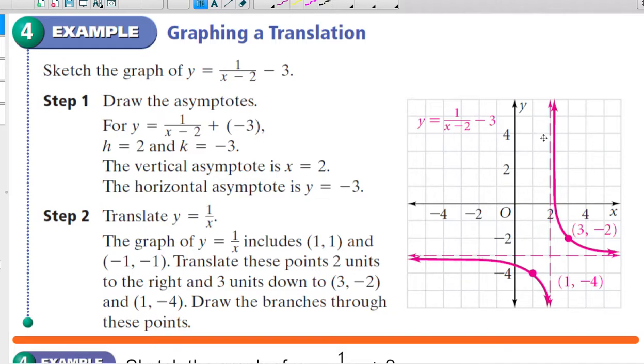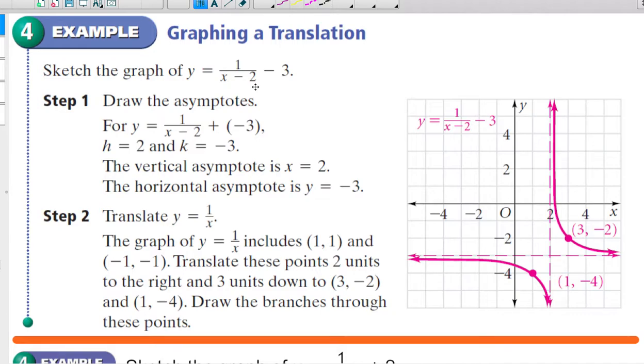So now you have your asymptotes, okay? At this point, go ahead and find out what your coordinates would be for the parent function, and then you're going to translate. Shift that right, left, however many units, up, down, however many units. You could plug those numbers in if you wanted to.